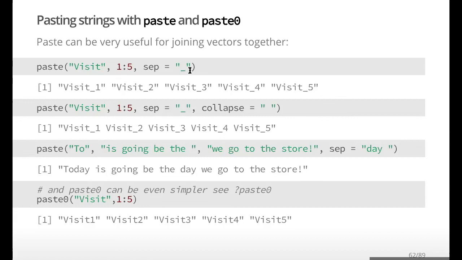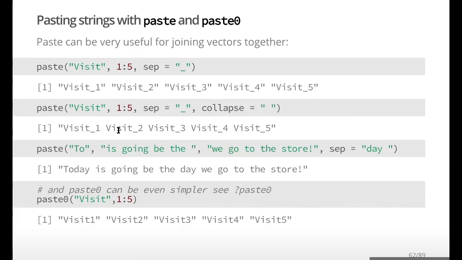But I want to note the difference between sep and collapse. So sep means I'm taking this, I'm putting this with this. These are two separate vectors I'm pasting together, and I'm separating by underscores, and we get this. Now here, I'm saying paste this vector with this vector. I want it separated by underscores, and I want you to collapse the data by single quote. Now you see these multiple quotes in there, 1, 2, 3, 4, 5 elements.